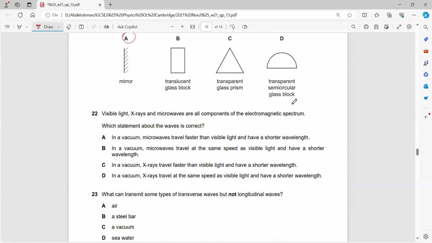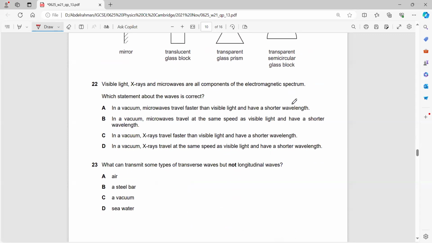Question 22. Visible light, X-rays, and microwaves are all components. Which statement about the waves is correct? Microwaves travel faster: this is wrong. X-rays travel faster: this is wrong.